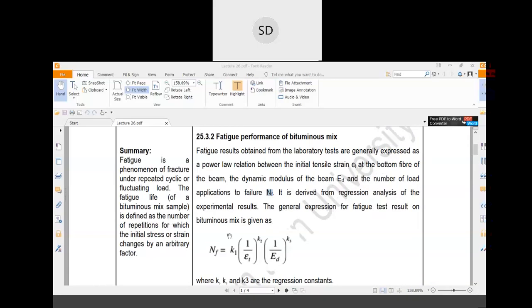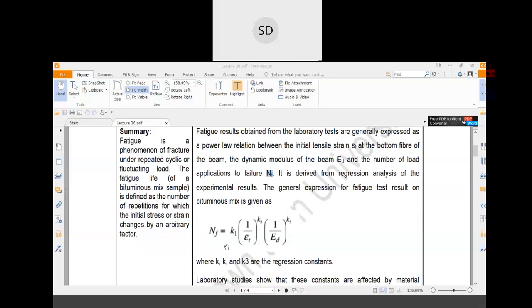The equation given is a power equation, not a normal or straight line equation. So because of the power equation, your total load repetition would be equivalent to K1 into 1 by epsilon T.